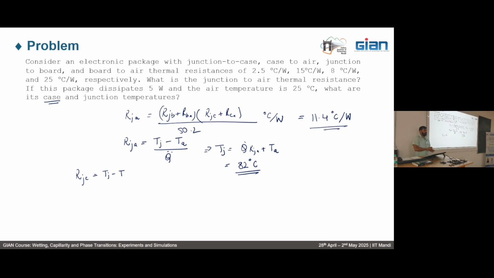We still don't know that. We could use this equation very simply if we knew the value of Q_JC. We don't know that. So how will we approach this problem?